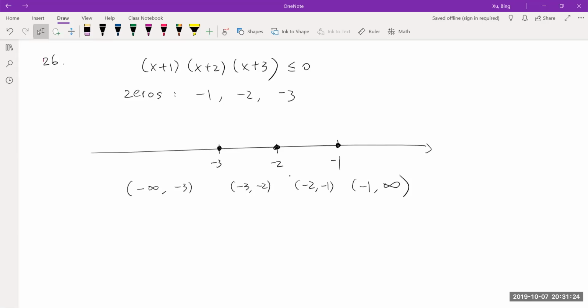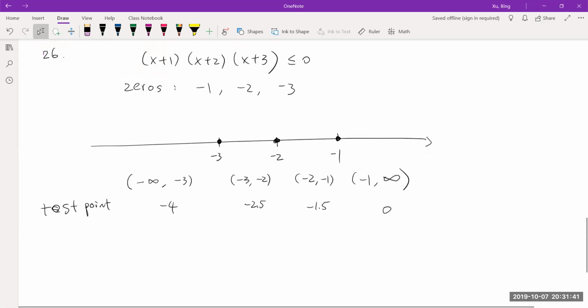Now, pick a test point in each interval. This one negative 4, this one negative 2.5, this one negative 1.5, here 0. What do I want to test for?